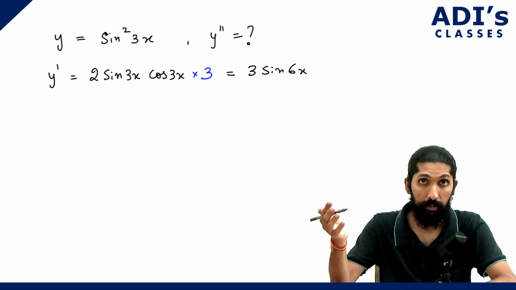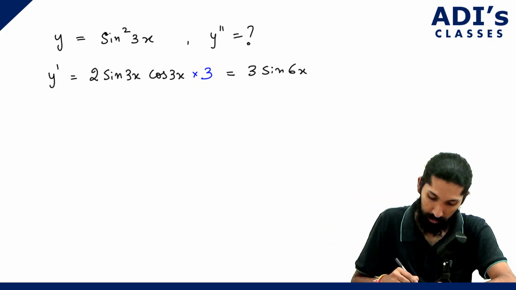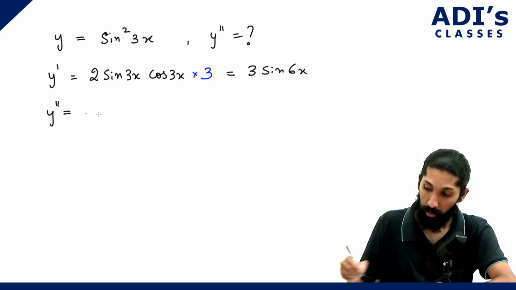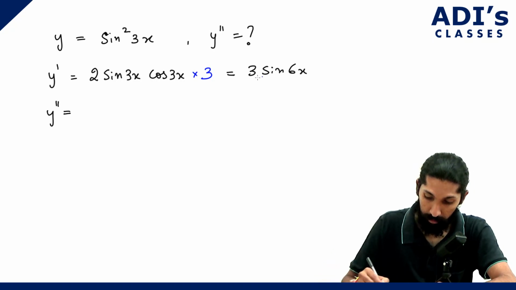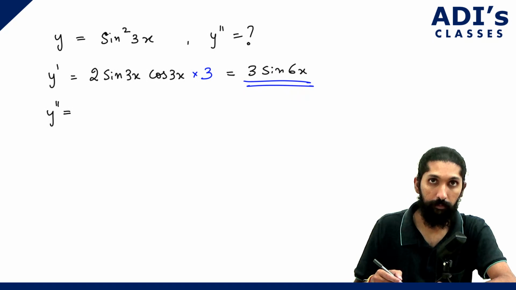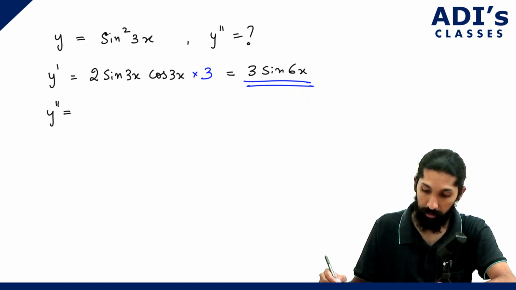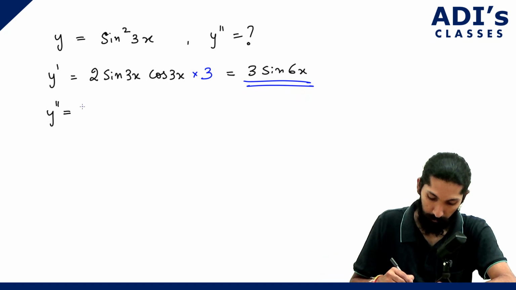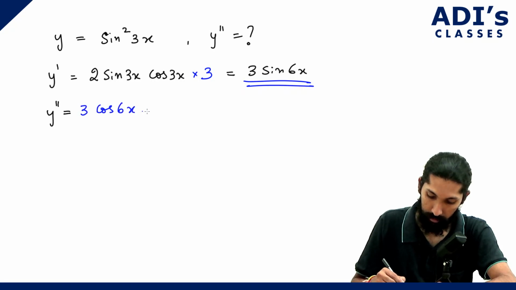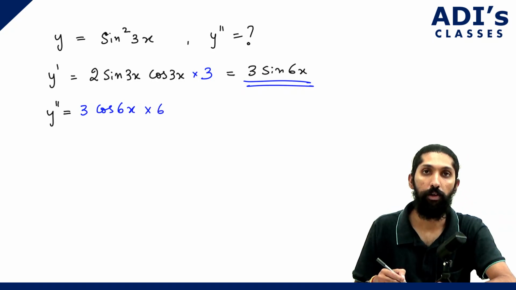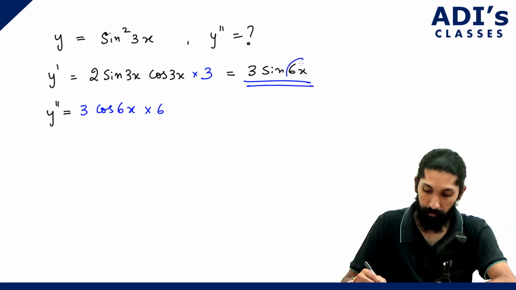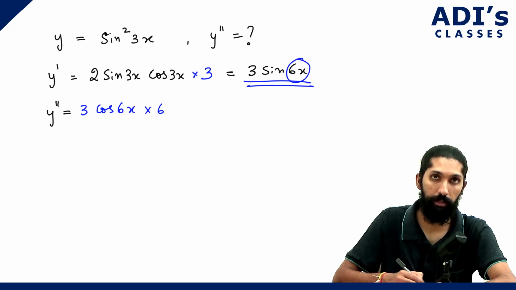Now, y double dash becomes... Remember, you need to differentiate this function, correct? So when you differentiate this function, we have 3 cos 6x into 6. The derivative of 6x we need to do, which is basically 6, correct?